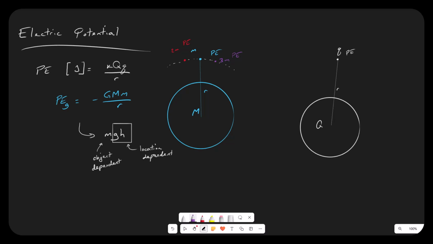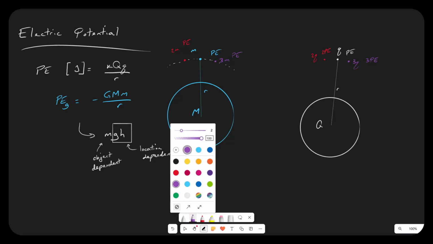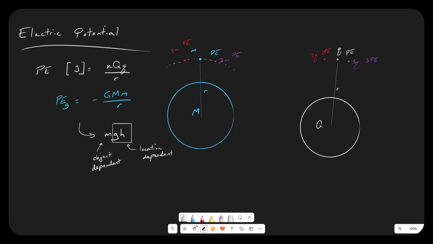If I put something with triple the charge here, it's going to have triple the potential energy. Double the charge is double the potential energy. So there is, again, some kind of a quantity that's the same for all of these, that only depends on being a distance r from this charge. That is called our electric potential.